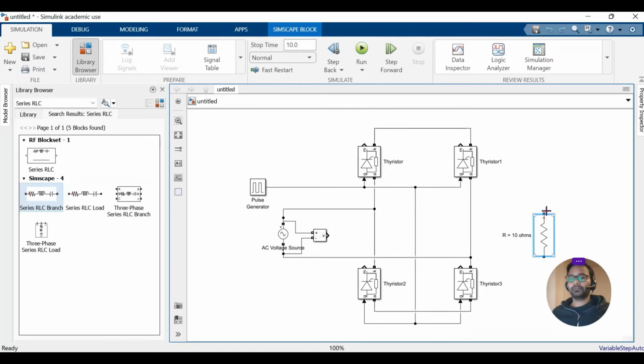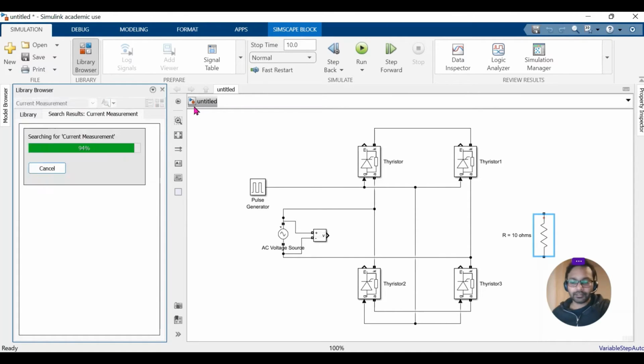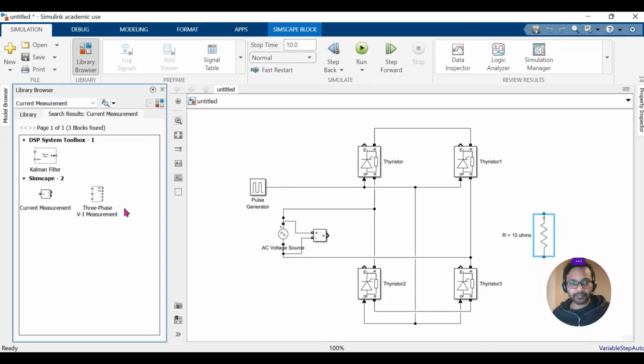Now I need to connect it between the thyristor pair. You can connect it, but one more thing I will add is a current measurement. So I will add a current measurement block here before making the connection.